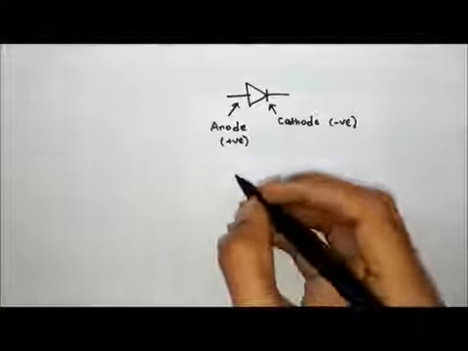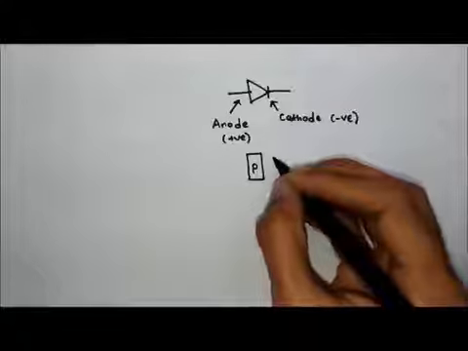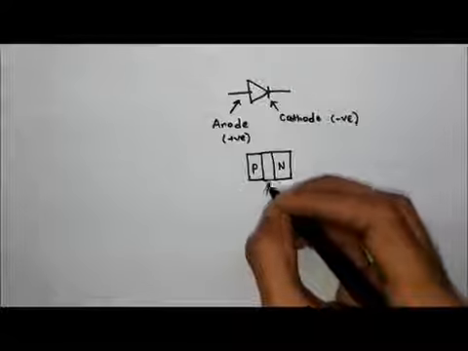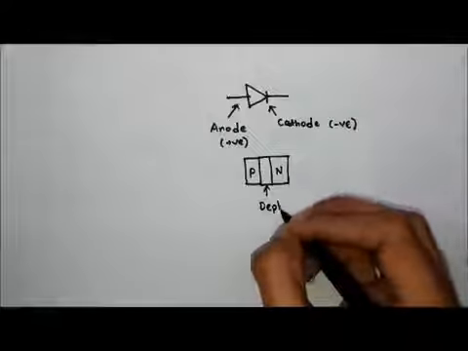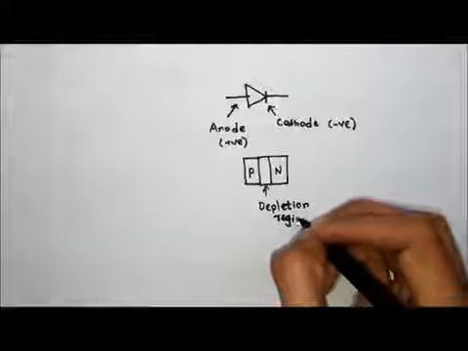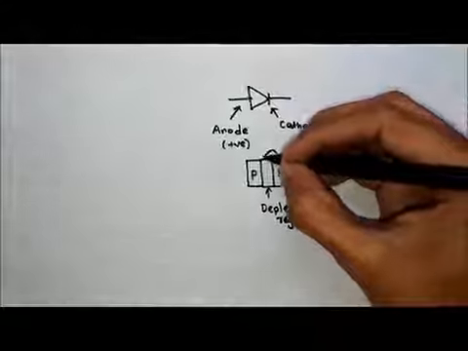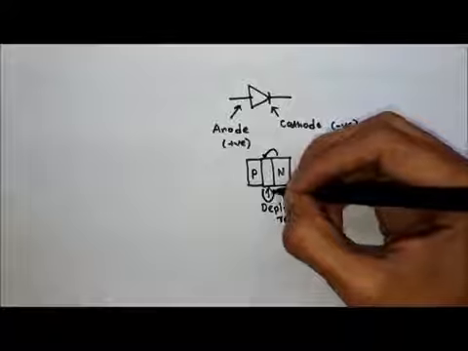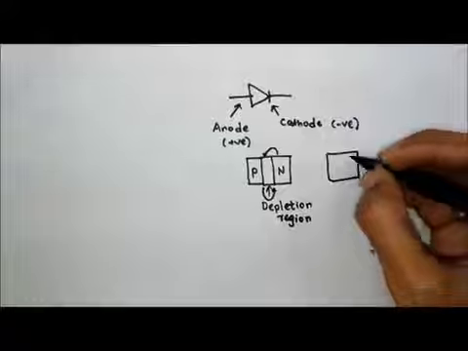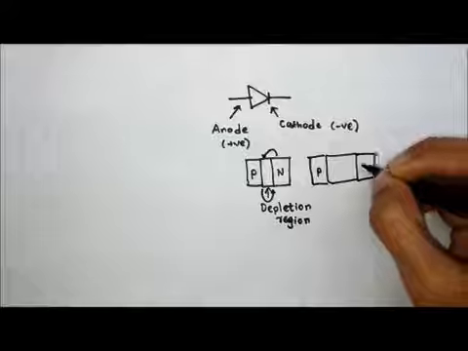Now let us draw the PN junctions. So P will be the anode side and N will be the cathode side, and there will be a depletion region between them. Now in this depletion region, we have N-type material towards the P side and P side towards the N side. What does this mean is, suppose there is a depletion region and this is the P-type semiconductor and this is the N-type semiconductor.